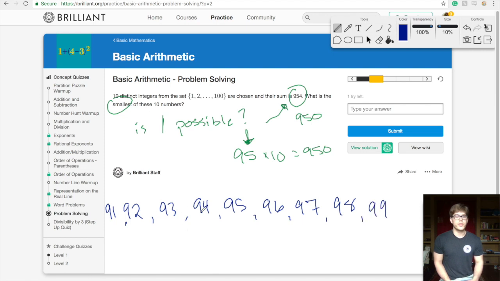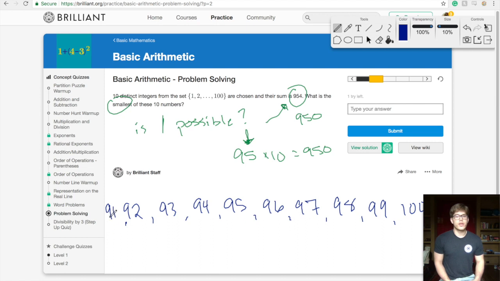How many numbers is this? 1, 2, 3, 4, 5, 6, 7, 8, 9. And then if we added one more, the 100, what would these numbers sum to?